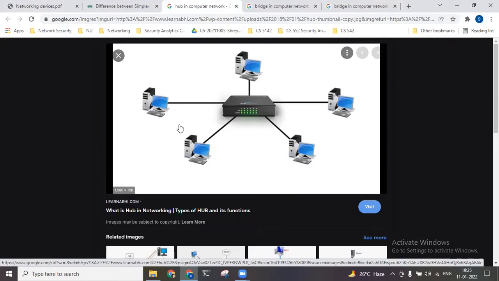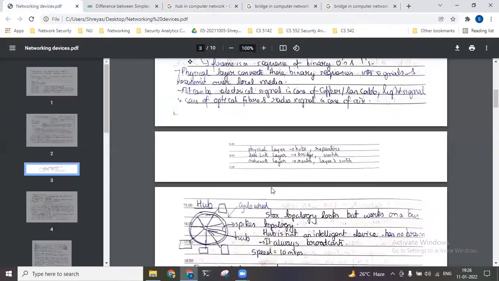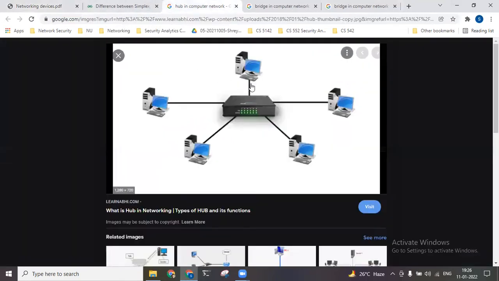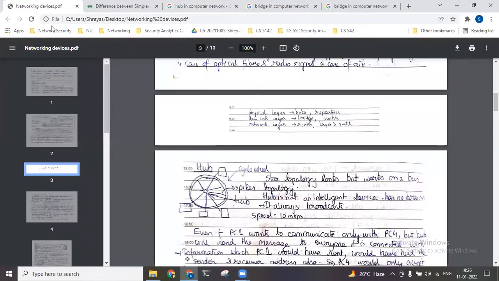It is not circular, but if you draw an imaginary circular line, it resembles the wheel of a bicycle. In a bicycle we have the central device, which is the hub, and then we have the spokes. These connecting wires are the spokes. Hence the name hub, hub topology or hub device.